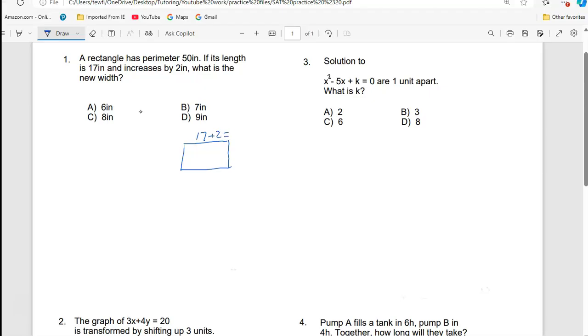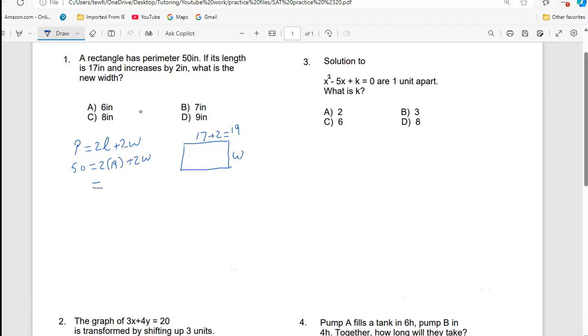So now the length is 19. And what is the width when the length is 19? We have the perimeter. The perimeter equals 2 times the length plus 2 times the width. The perimeter, which is 50, equals 2 times 19 plus 2 multiplied by the width, W.